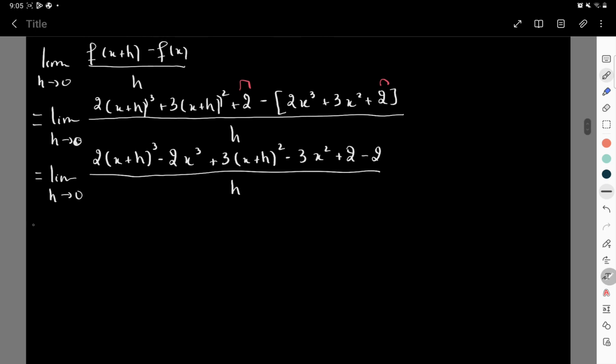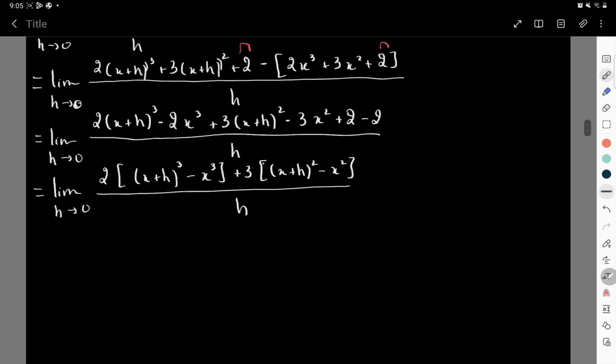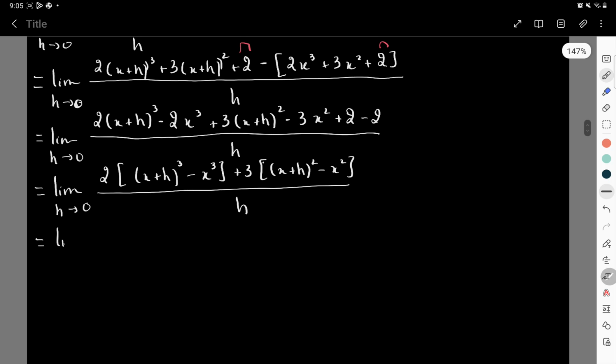Great. Now I'll just factor out a 2 and get x plus h cubed minus x cubed, plus 3 times x plus h squared minus x squared, plus 0, over h. Here, of course, there are many ways we can proceed. This is the limit as h goes to 0.